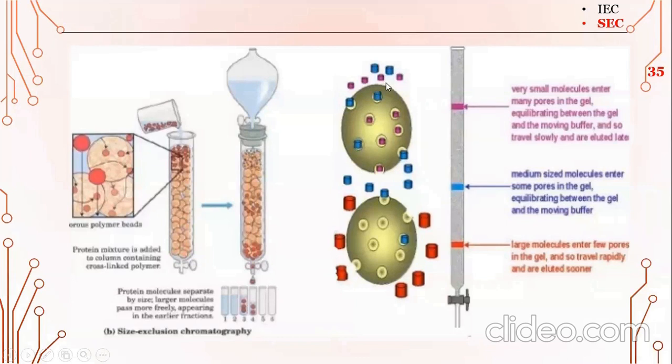Some of the medium ones will be trapped, others will move on. The large molecules enter few pores in the gel, so they travel rapidly and are eluted sooner. So the larger ones elute sooner, followed by the medium ones, and then the smaller ones. Am I clear?